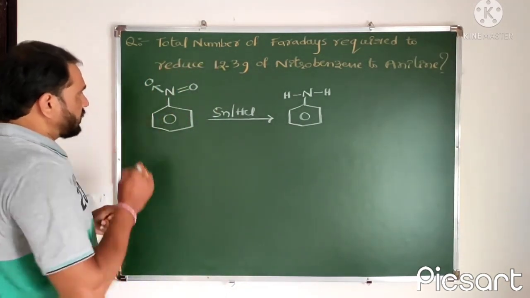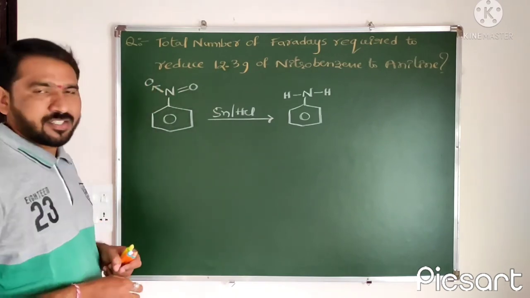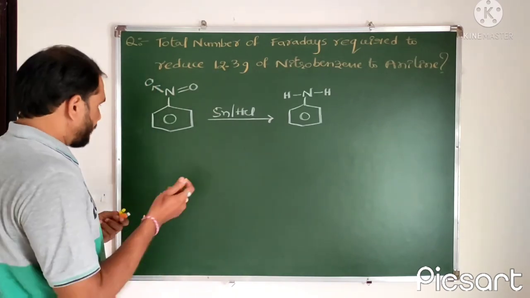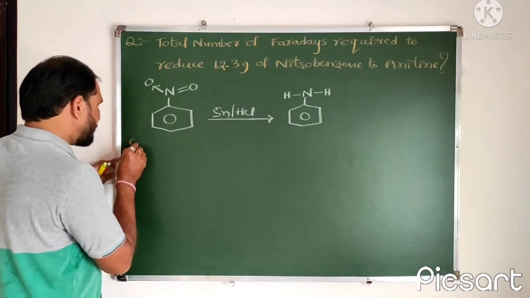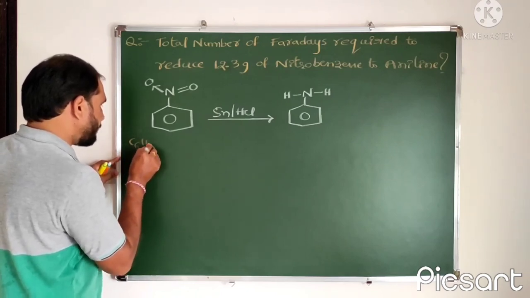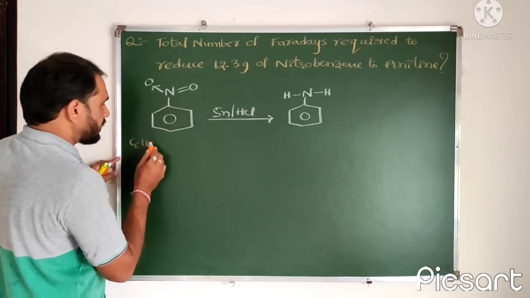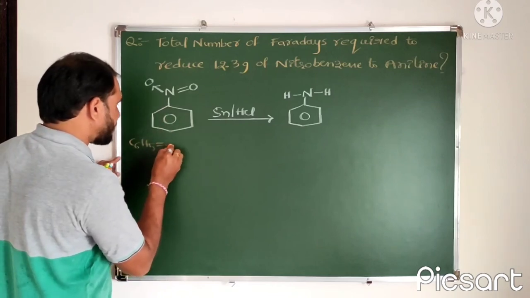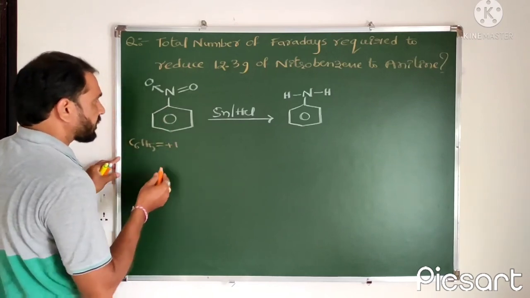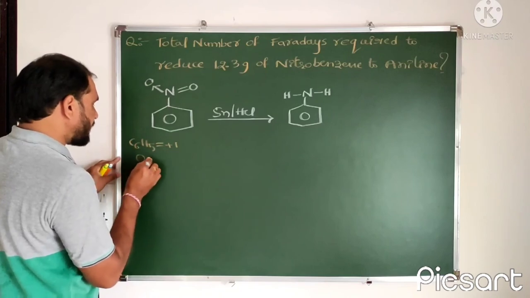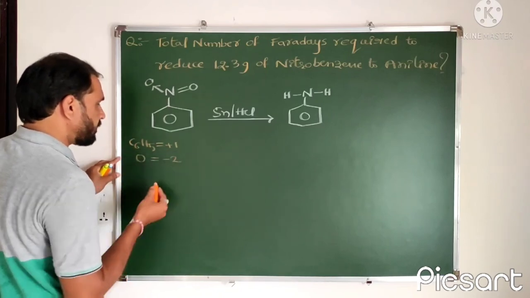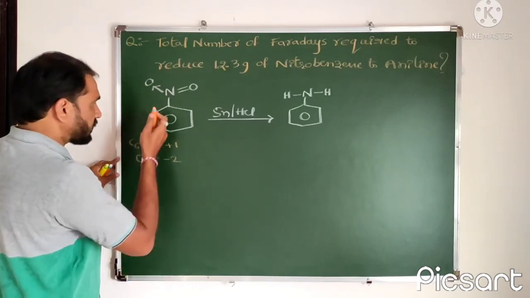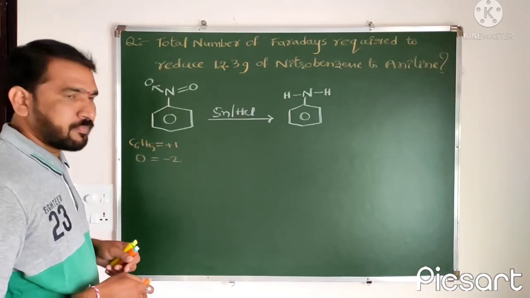Coming to nitrobenzene, what is the oxidation state of nitrogen? Simply, C6H5, the phenyl ring, has oxidation state +1. Oxygen oxidation state is -2. Then nitrogen we need to find out.